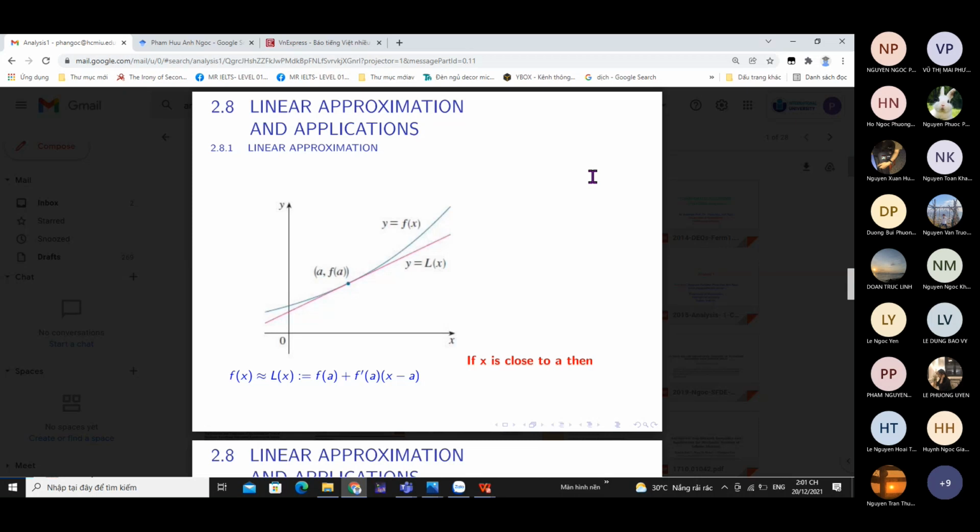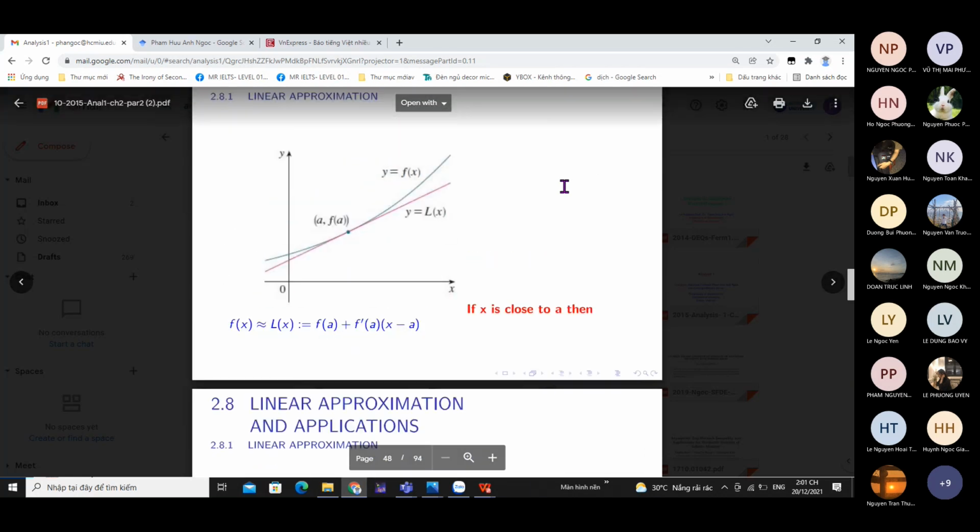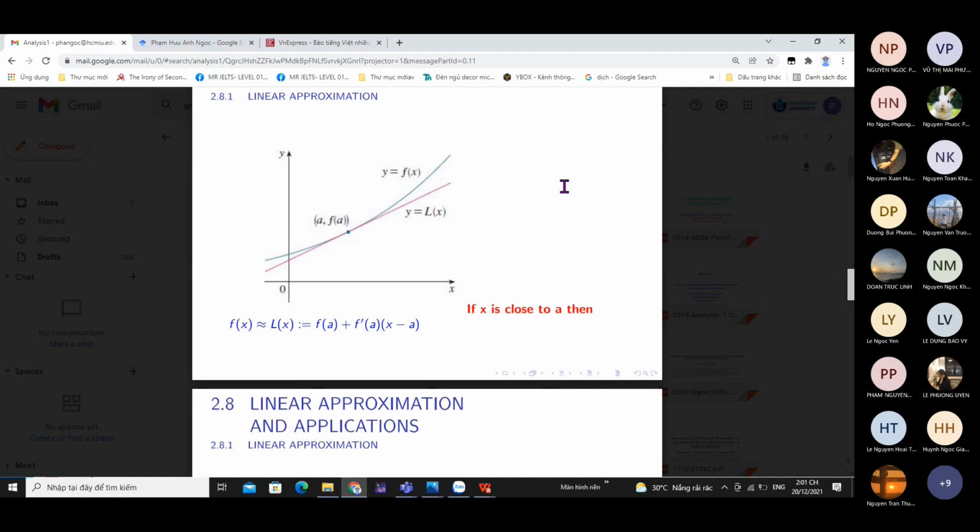It means when x is close to a, we can approximate the value of f of x with the values of the tangent line to the graph of f at the point a, f of a. This is called the linear approximation of a given function. Look again at the figure: when x is close to a, the graph of f and the tangent line look like the same, right?